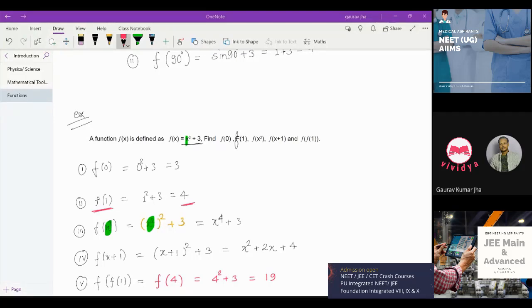I just want you to have a basic idea about function. If you are comfortable with this much content, I'm fine, okay? We can work with this.